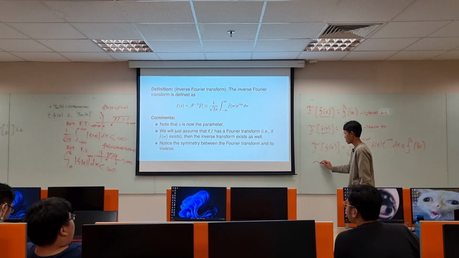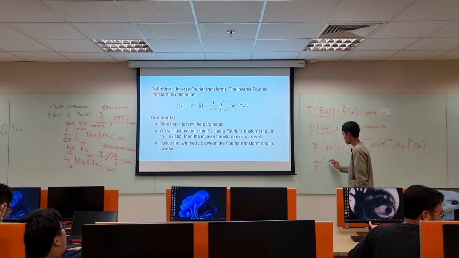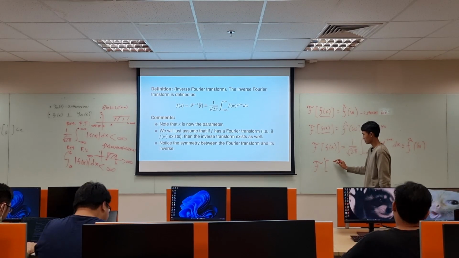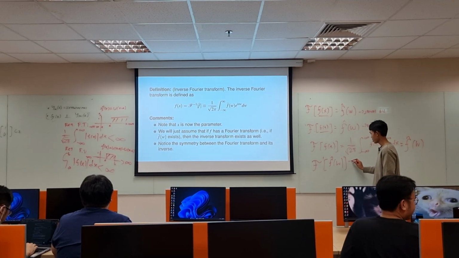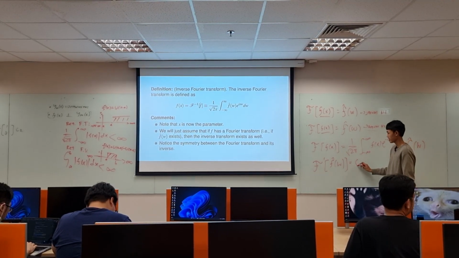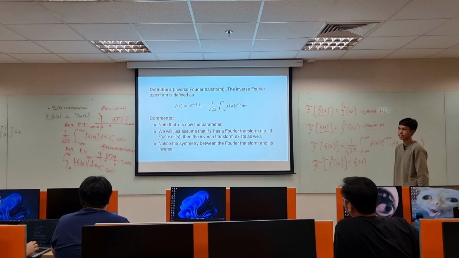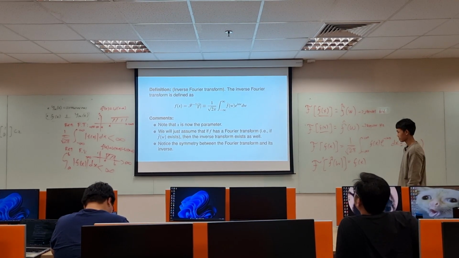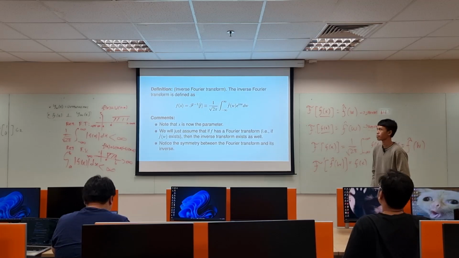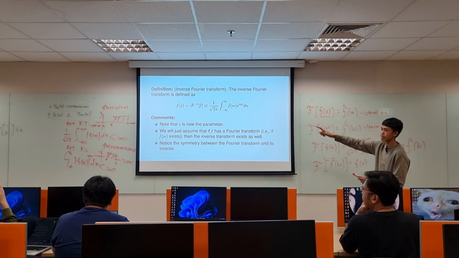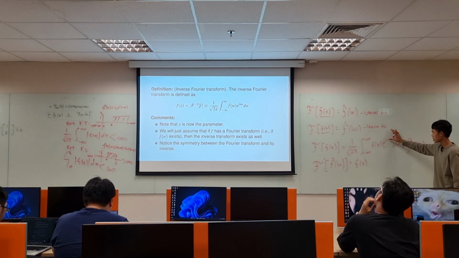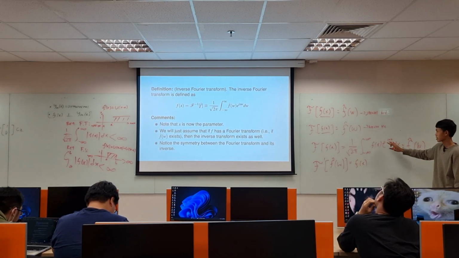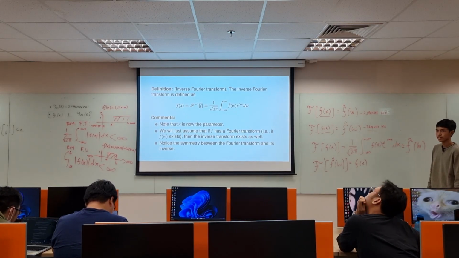If we take the inverse Fourier transform of the function F(omega), the frequency, it becomes f(x) again. Simple as that. So the formula for the inverse Fourier transform is basically like this, but it has no minus. So this is the inverse.